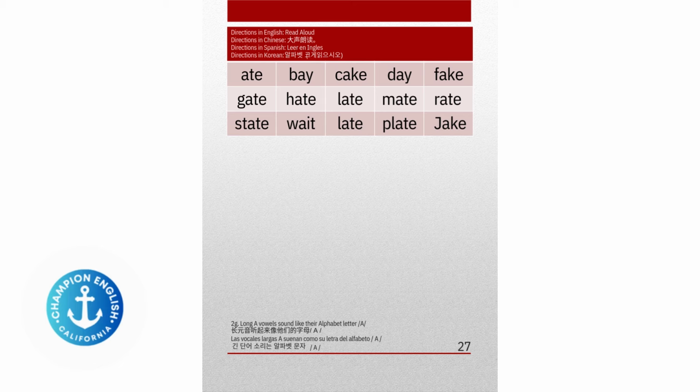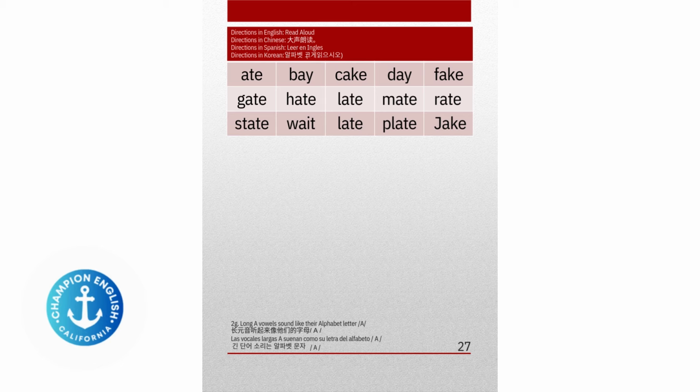Here we go, students. B and a, bay. K and ake, cake. D and a, day. F and ake, fake. G and ate, gate. H and ate, hate. L and ate, late.